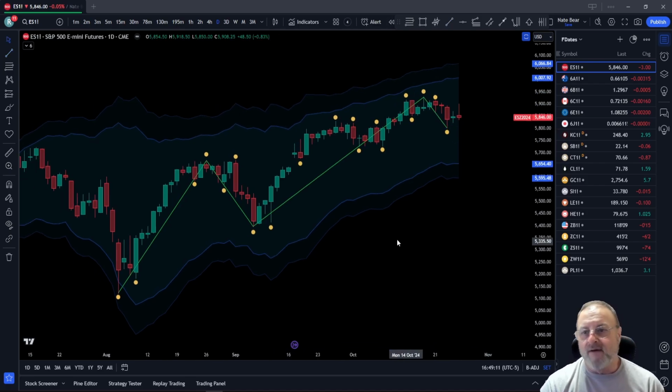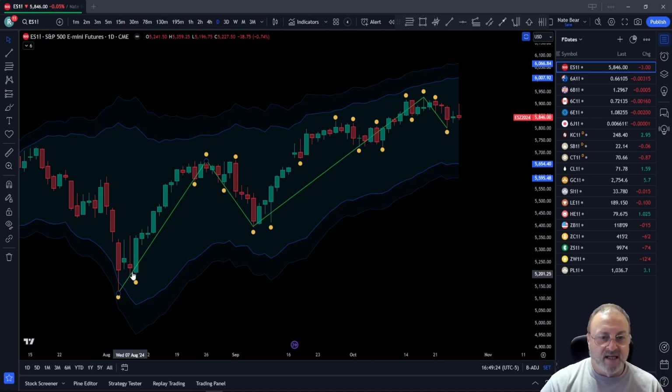Now, you have to understand that everything is in reference to the time frame. For example, we see that this is a bullish trend, and we see that this is a bearish trend.